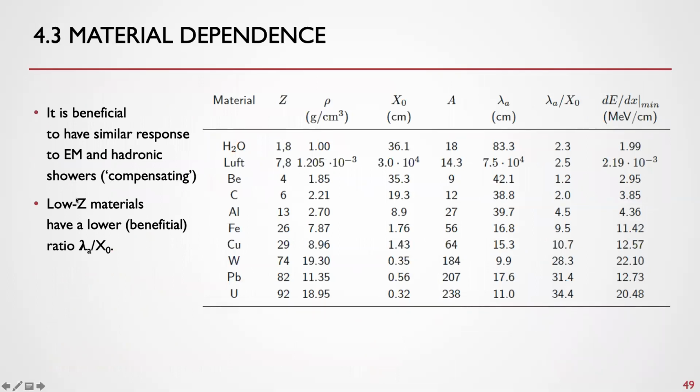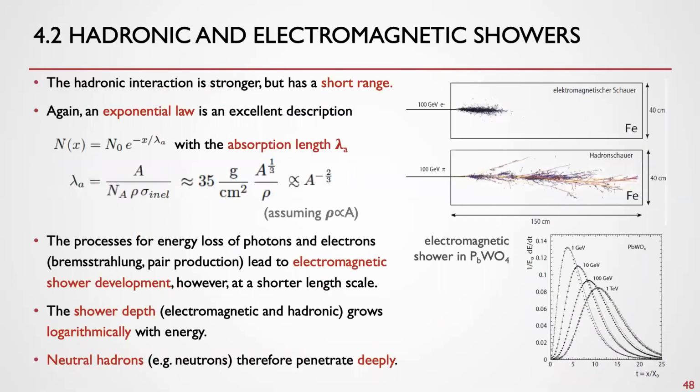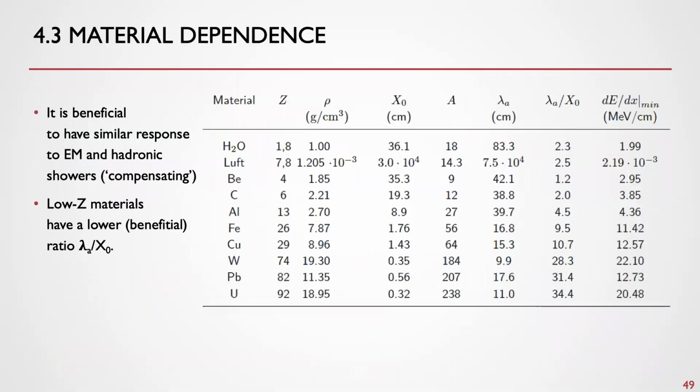The low Z materials have a lower ratio of the interaction length to the absorption length, and that's beneficial for building such calorimeters.